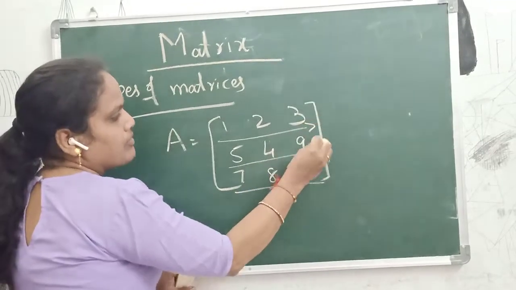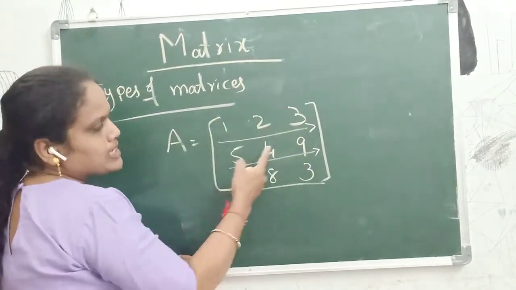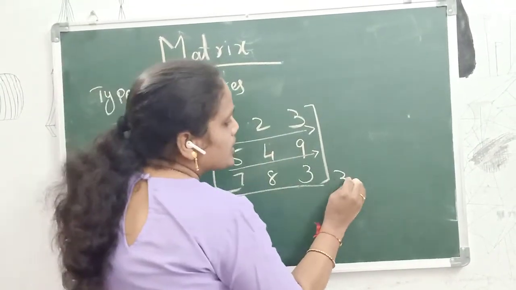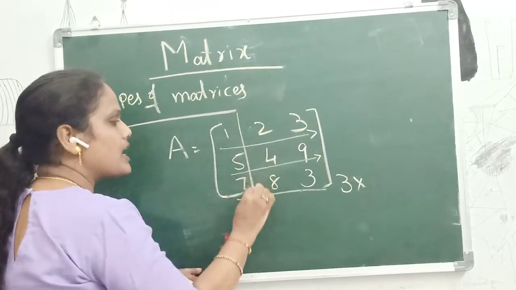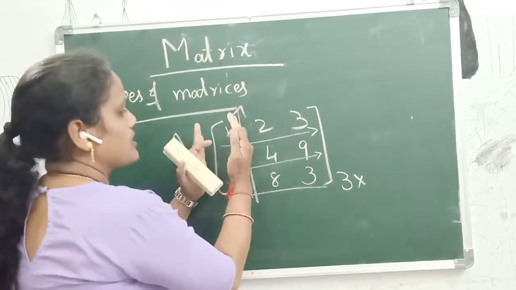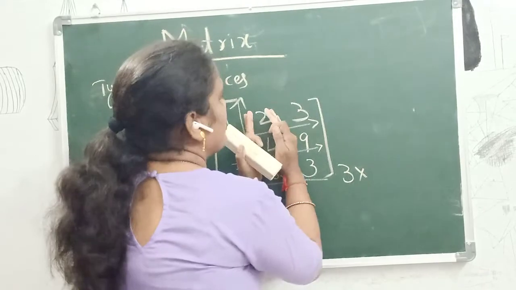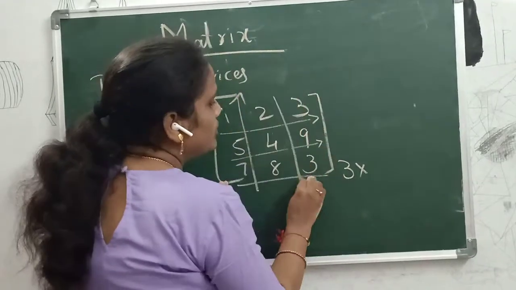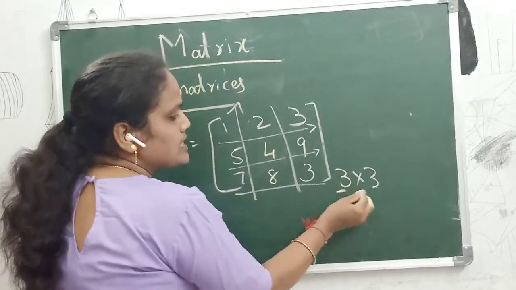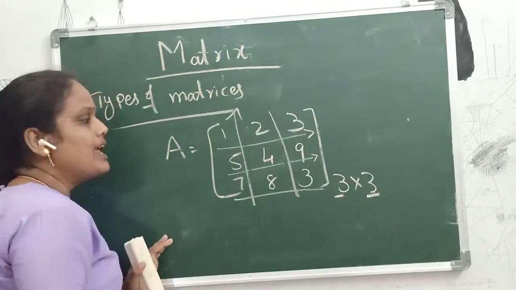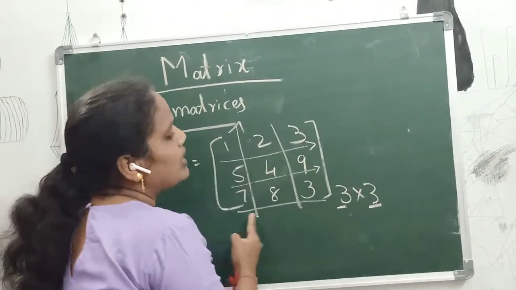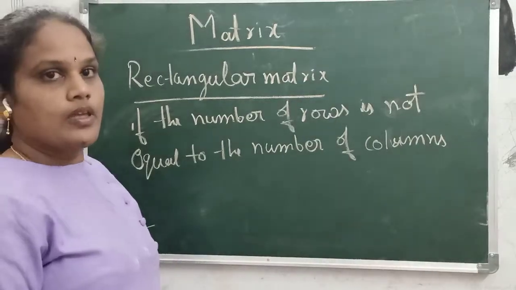First row, second row, third row. 3 rows. And how many columns are there? This is the first column, this is the second column, this is the third column. So 3 by 3. So rows is equal to the columns. This type of matrix is called a square matrix.